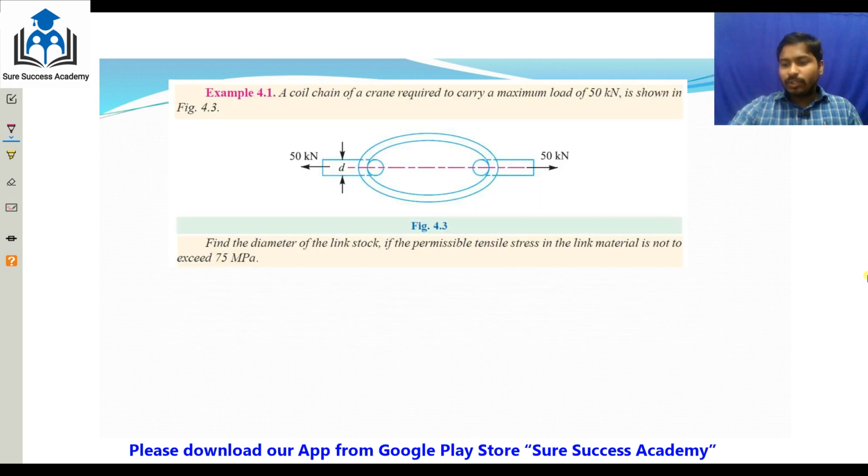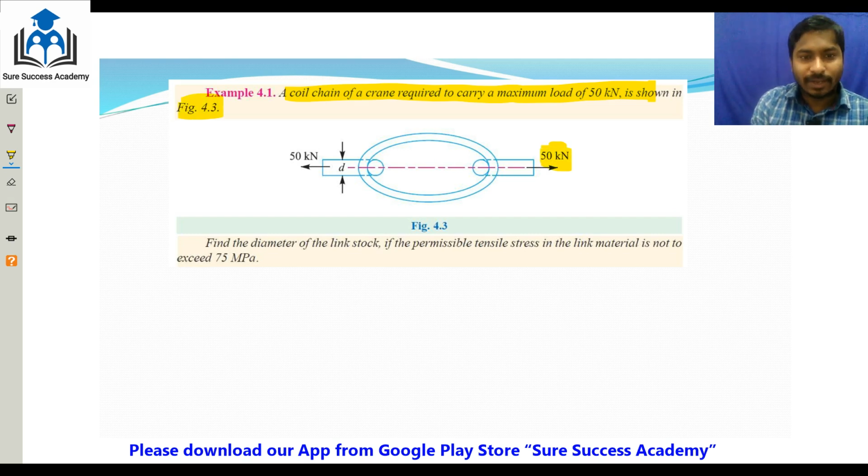So friends, we'll do some problems here. We will start with some basic designs. A link of this shape required in the crank has to carry a maximum load of 50 kilonewton as shown in the figure.